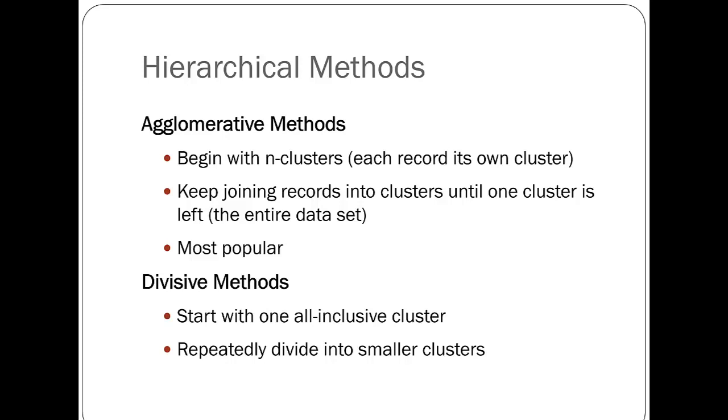And this is the most popular approach to cluster analysis. The divisive methods go the other direction. They start with one inclusive cluster where everything's in the same cluster, and then divide that into smaller clusters until eventually there are n clusters. So it's kind of going the backwards direction as the agglomerative method.